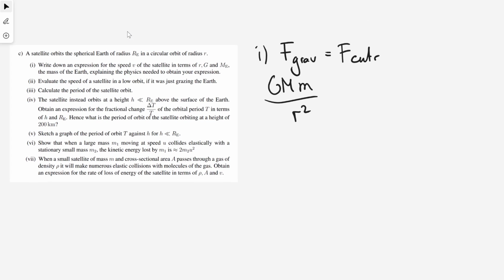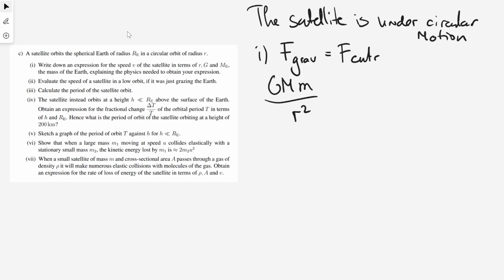Maybe we'll add a little bit of explanation on top, because it's asking us to explain the physics. We can just say that the satellite is under circular motion, so this is actually our net force.